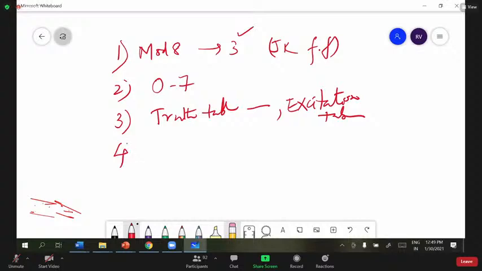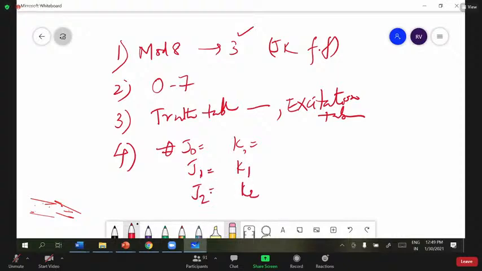Next step, from the excitation table, okay, you are writing the expressions: what is the expression for J, what is the expression for K. Like that you are finding J0, K0. 3 flip-flops means you will get J1, K1, J2, K2.